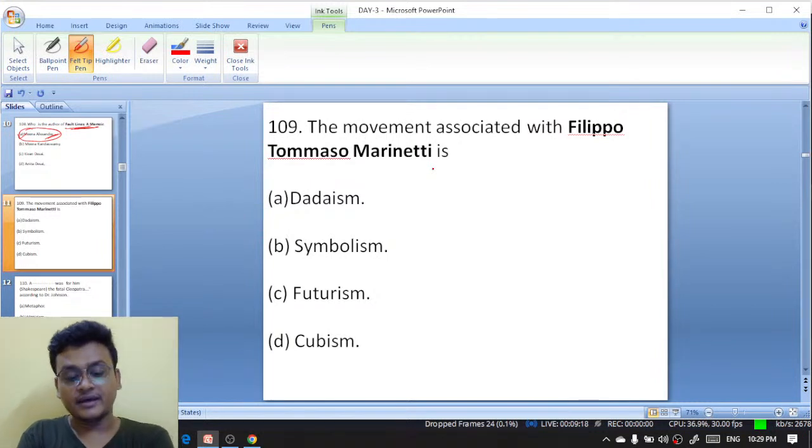Okay, next question. The movement associated with Filippo Tommaso Marinetti: Dadaism, symbolism, futurism, cubism.